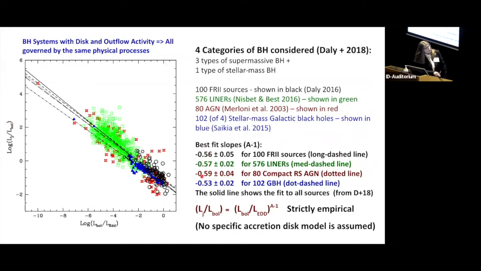So these 4 completely different samples have the same slope and the same normalization here. And I take that to mean that they're all governed by the same physical process.